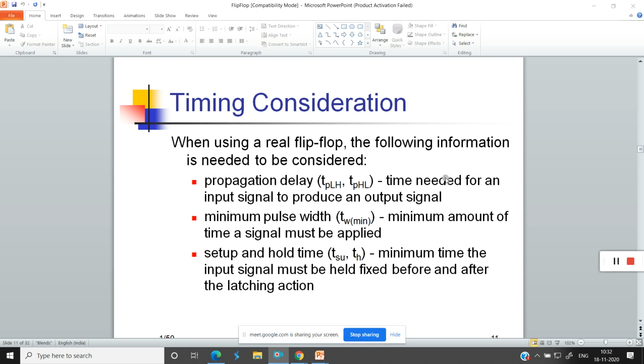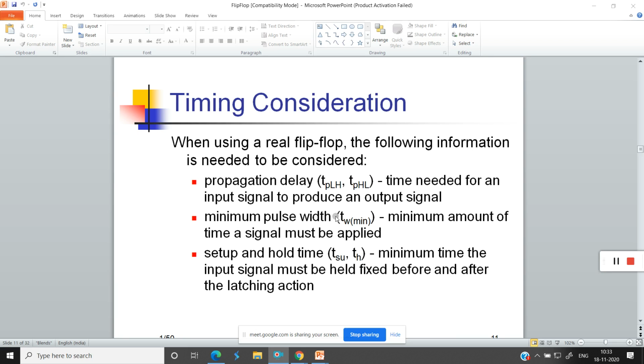The time needed for an input signal to produce an output signal is known as propagation delay.